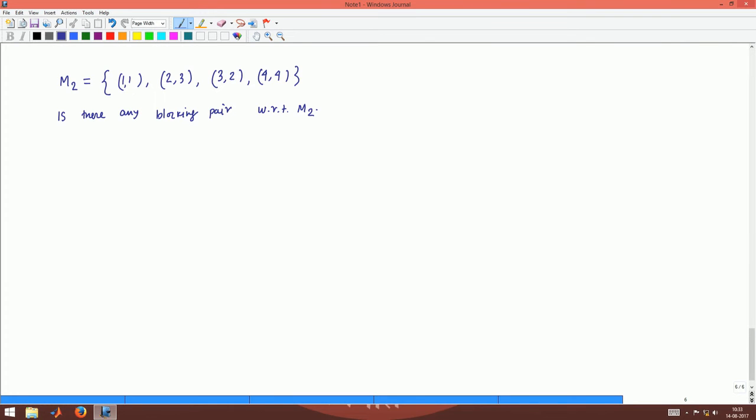For the same instance, let me copy the instance once more, because we will be discussing this in detail again. The men's preference lists: first man 2 4 1 3, second man 3 1 4 2, third man 2 3 1 4, the fourth man 4 1 3 2. This is the men's preference list.